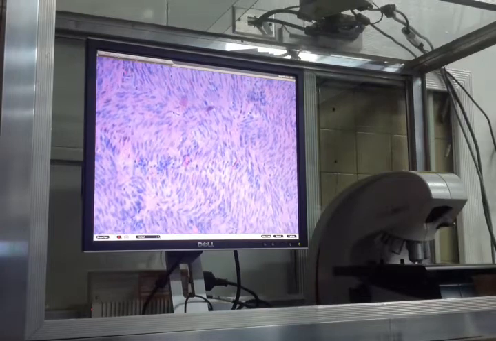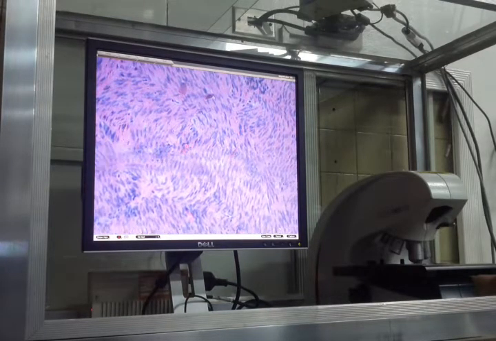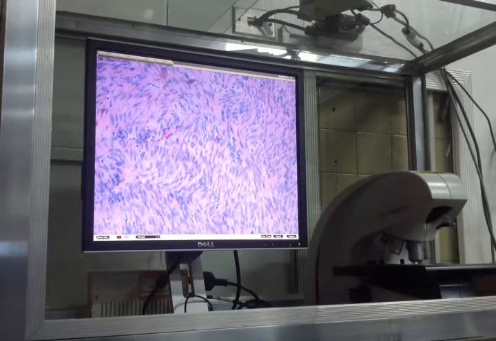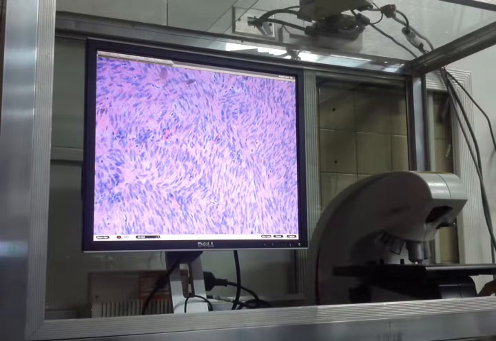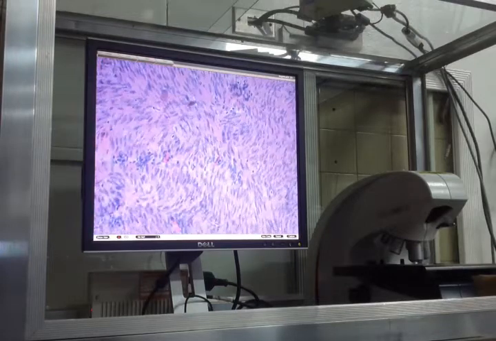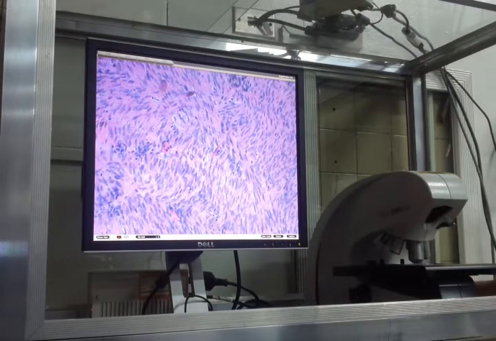It's a bunch of leiomyocytes or smooth muscles arranged in fascicles. The same as what you saw in the normal myometrium. Tama? Do you see pleomorphism, hyperchromaticity, nuclear atypia, increased mitosis, like 10 per 10 high power field? Do you see it? Or are the nuclei uniform?